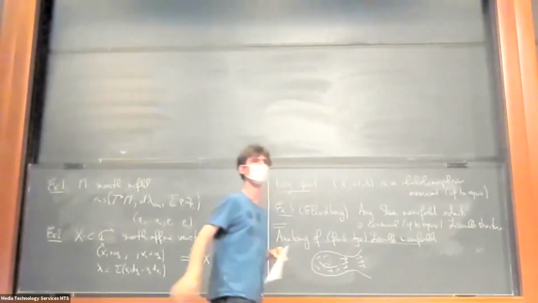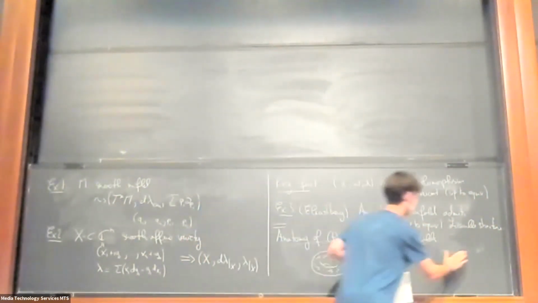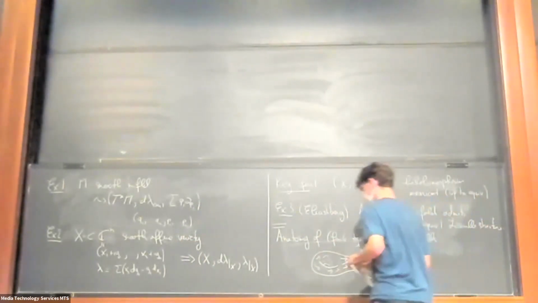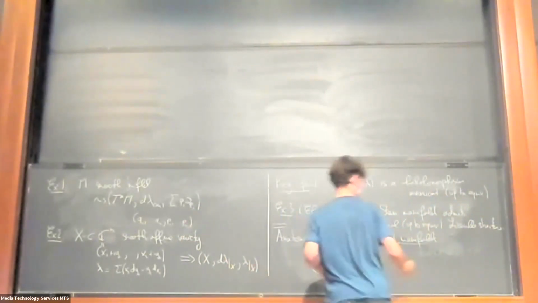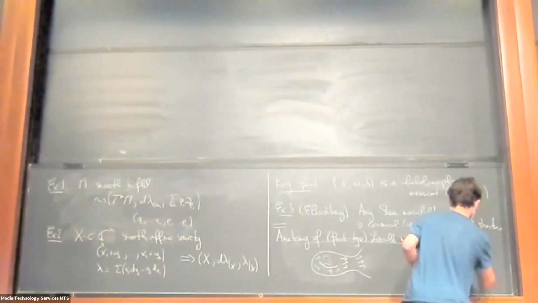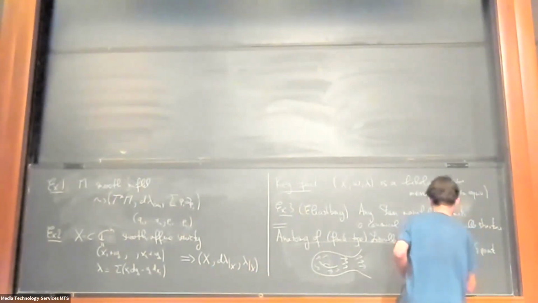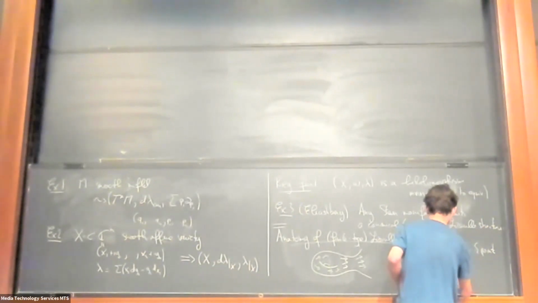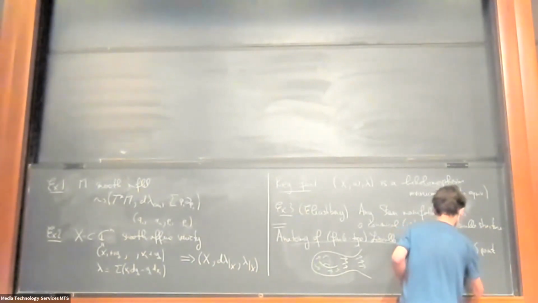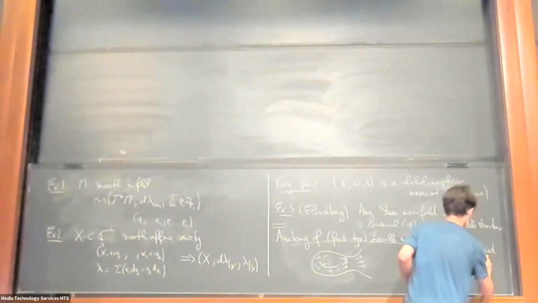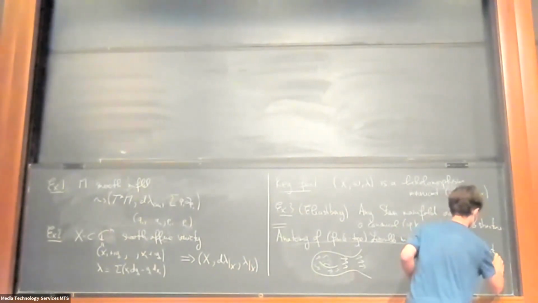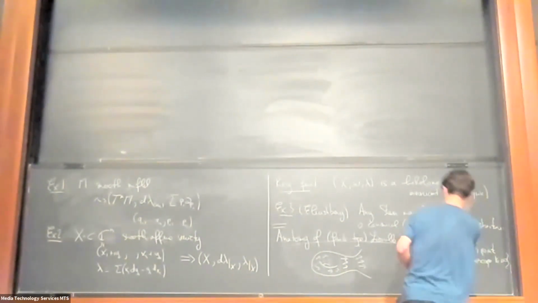Can people read the green from the back? No? Okay. Write it in white then. It's the set of points which don't escape to infinity.